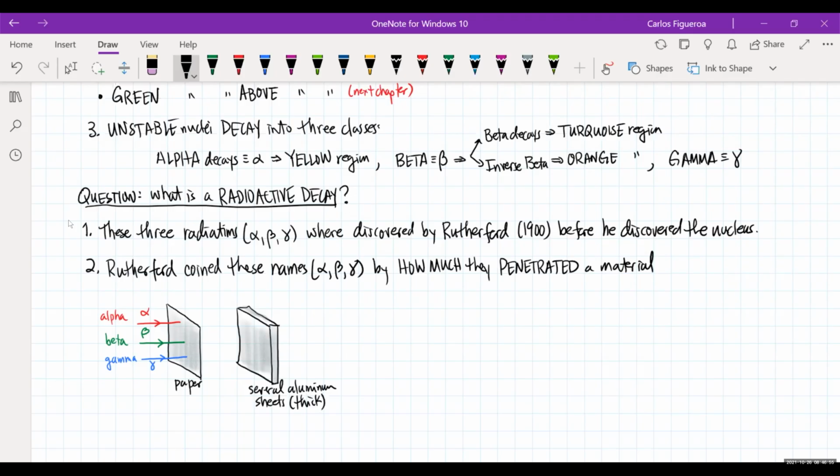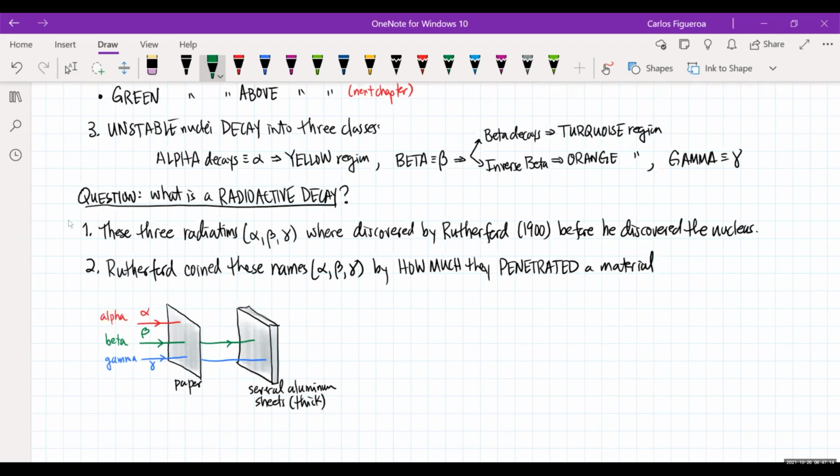There's the thick version. What you'll see here is that beta passes through the paper, gamma passes through that, but beta is actually stopped by the aluminum.